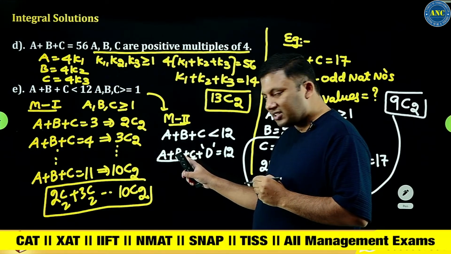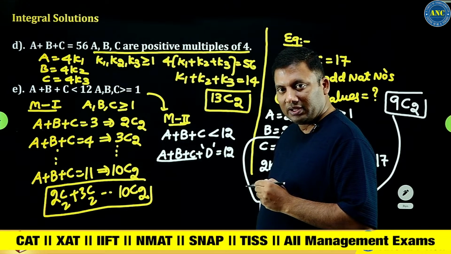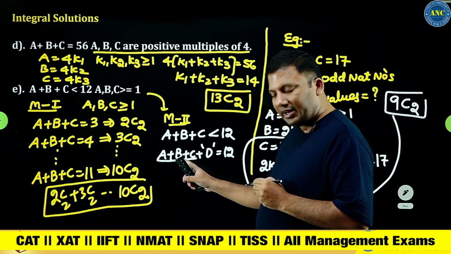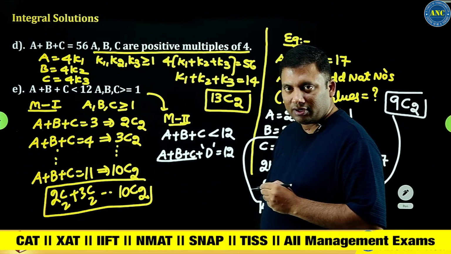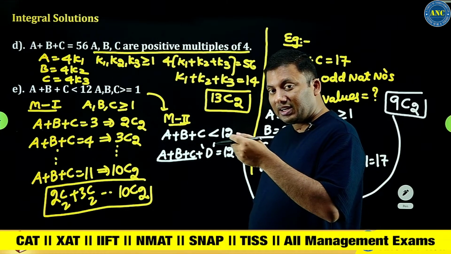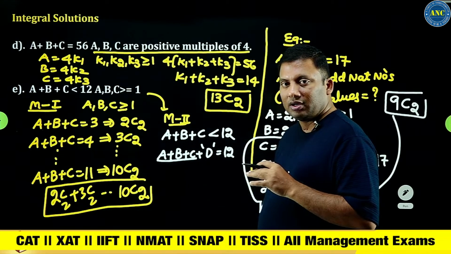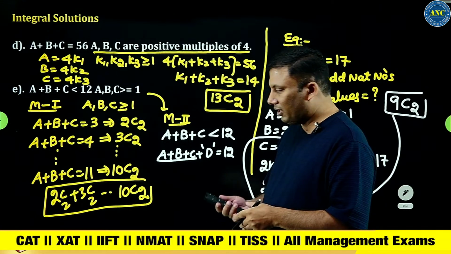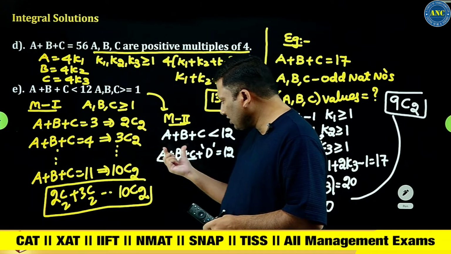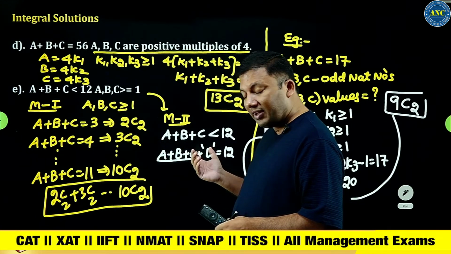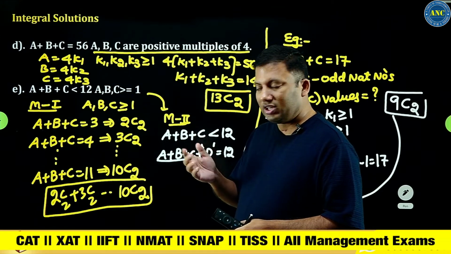If this is 9, D will be 3. If this is 8, D will be 4. Whatever the deficit is, I introduce a dummy variable and give it that. When A plus B plus C is 3, the dummy variable takes 9, which is positive.